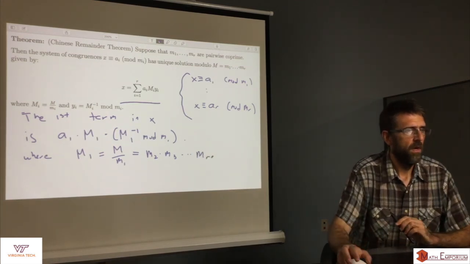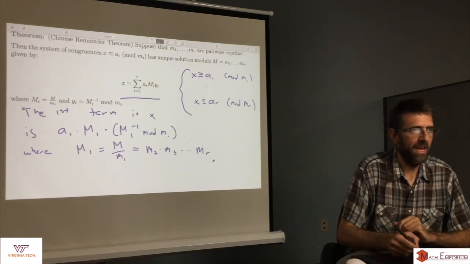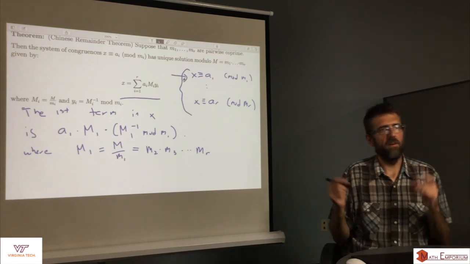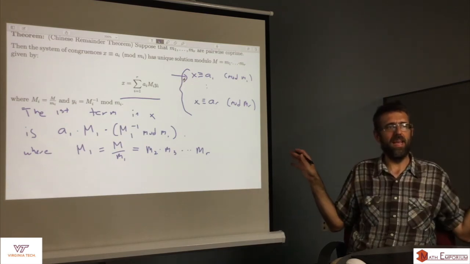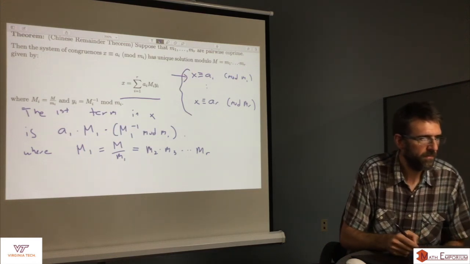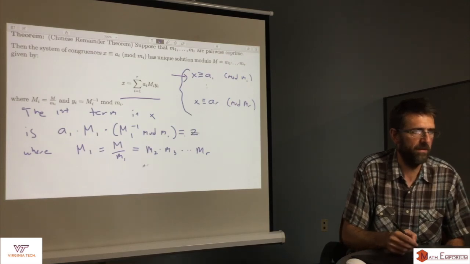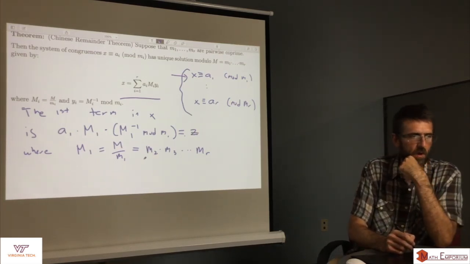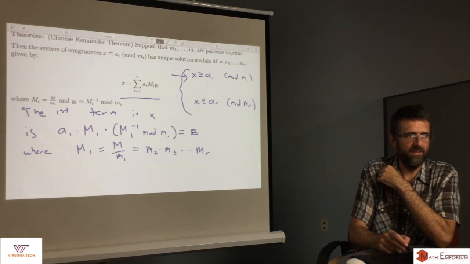So basically what this first term is doing is guaranteeing that the first congruence is satisfied without messing with any other congruence. The idea here is let me call this whole term z, just so I can refer back to it. This big M1 contains the product of all the other moduli, so that's going to make this first term z divisible by every other modulus.